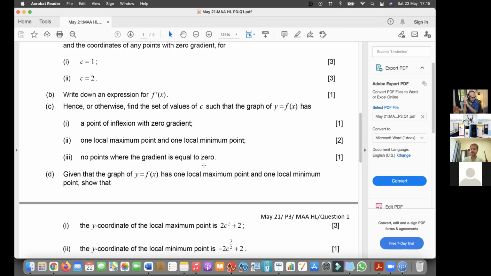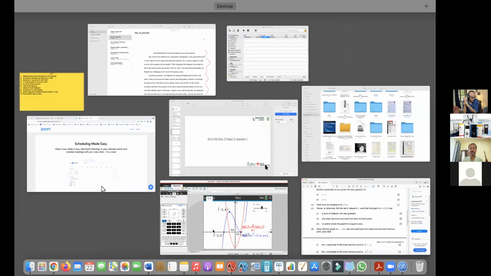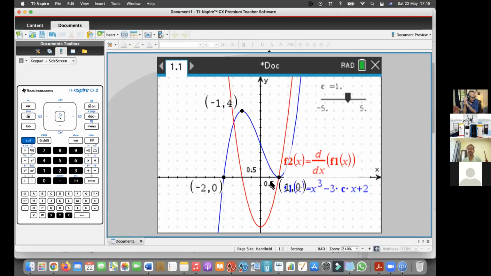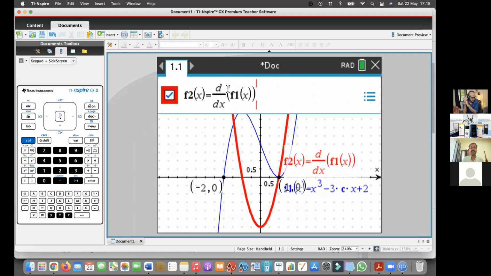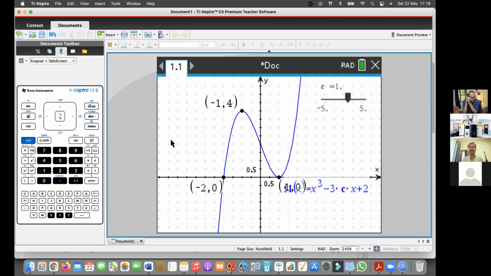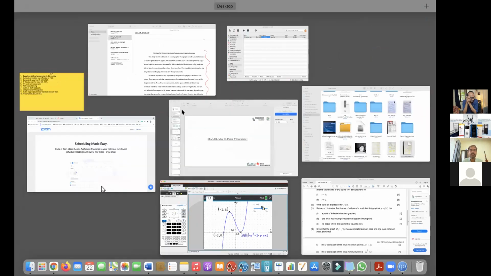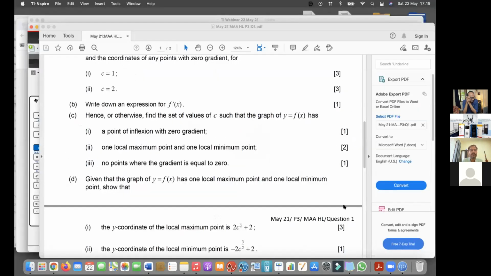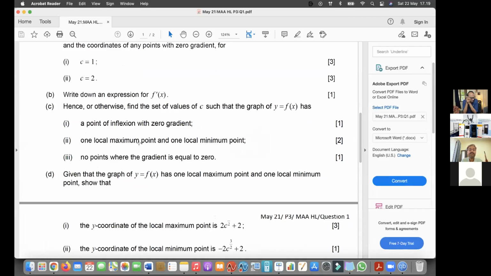So before we get down to paper, we can look at this. Now, the f prime, we do not need at this point, so you can just uncheck it from here and it will disappear. Now, for different values of C, the first part of the question is, we would like to know a point of inflection with 0 gradient.